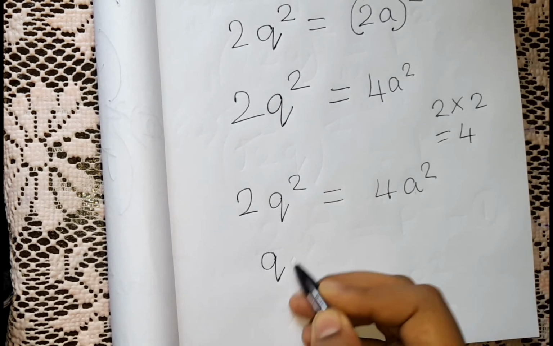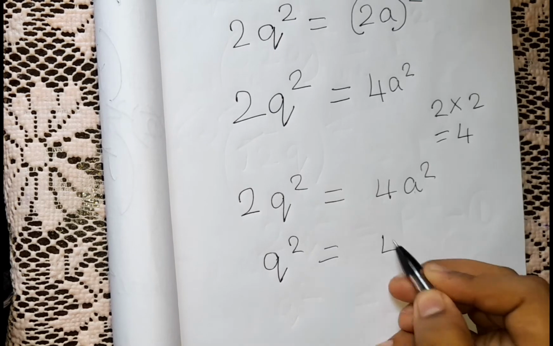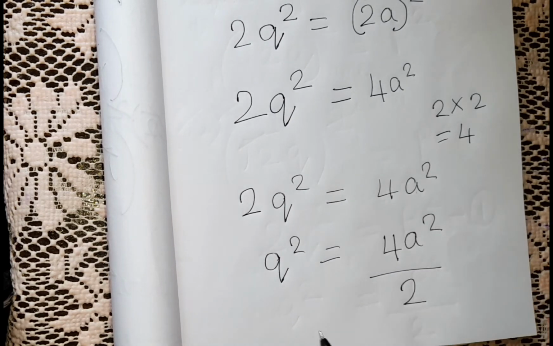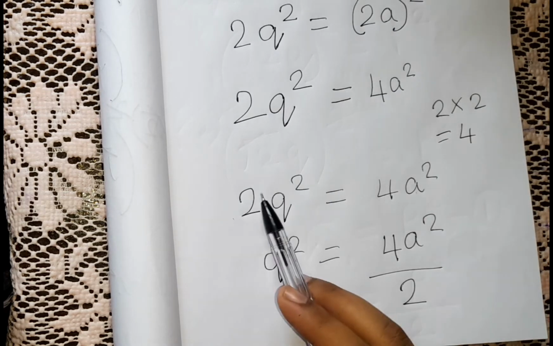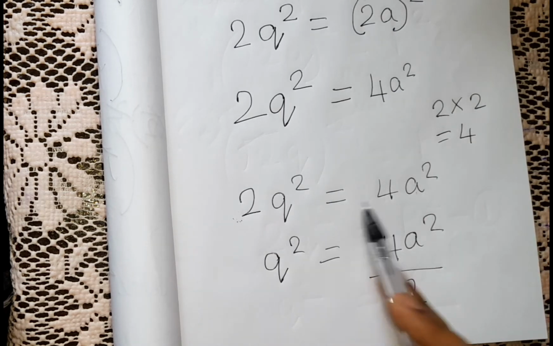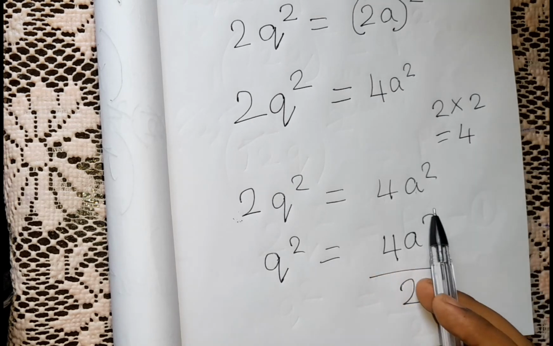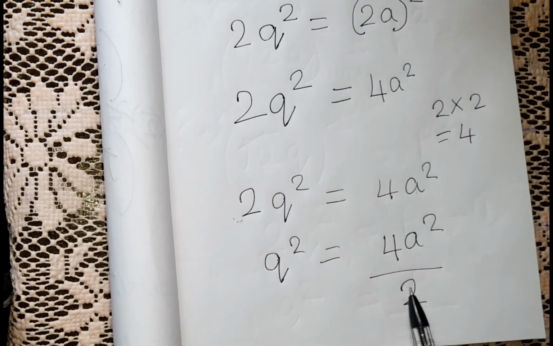Now q square is equal to 4a square divided by 2. So here it was in the multiplication form. When it crosses this bridge, that is the is equal to bridge, and comes to this side, it changes into division.